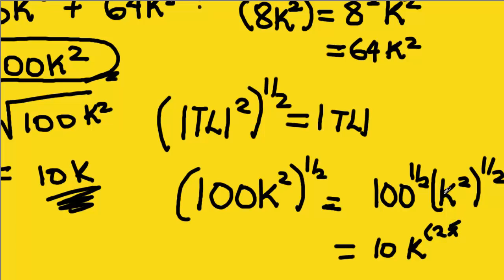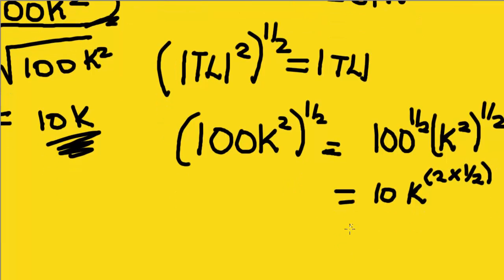I'll just make that clear. 2 times half. It's 10k. 2 times half is 1, so 10k. So you get the same thing.